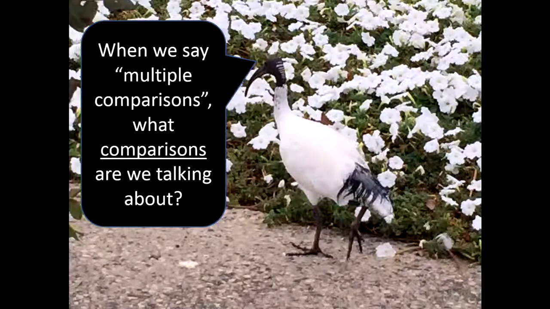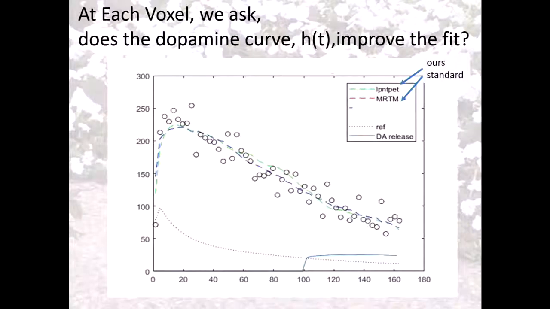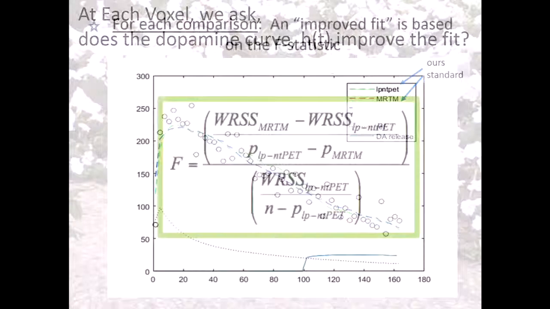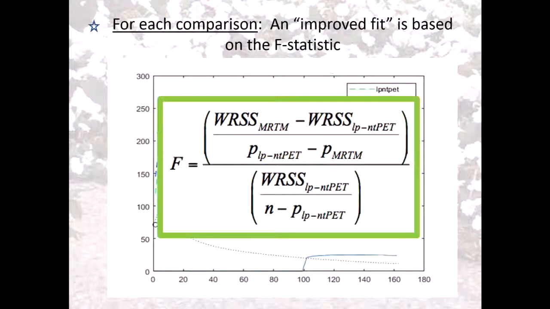Okay. And again, when we say multiple comparisons, what exactly are we talking about? Well, at every voxel, if this works the way we intend, we're going to ask this question: does the dopamine curve that we estimate improve the fit of the data? And if it does, compared to the models that don't have this flexibility, then we're going to call that dopamine activation. Now, I phrase it like a statistical question, which means you need some sort of statistic.